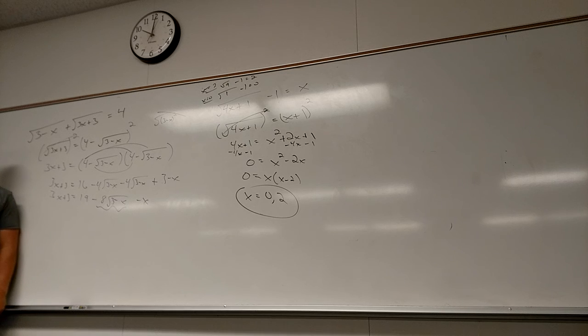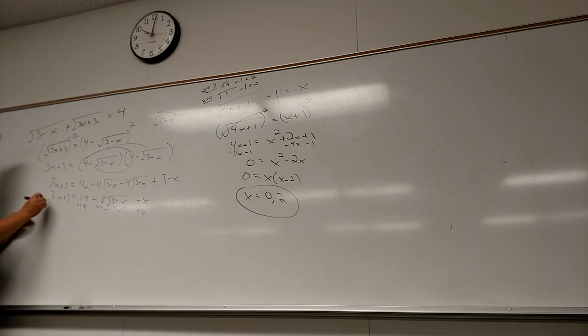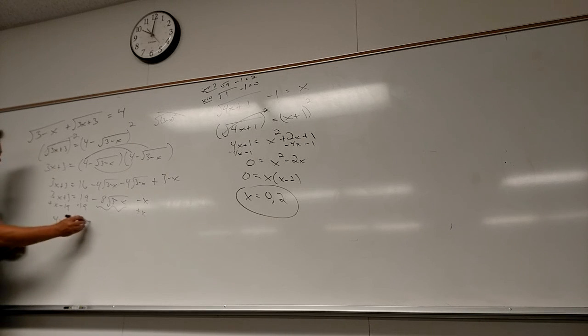This one. So let me move everything else to the other side and isolate the radical part. So we add x, subtract 19. So we get 4x minus 16.